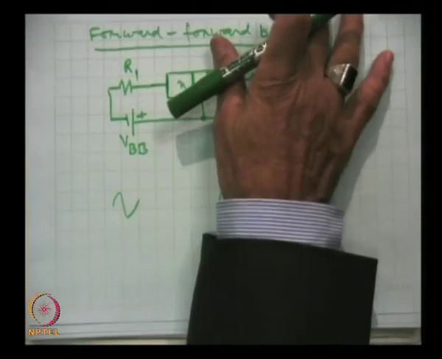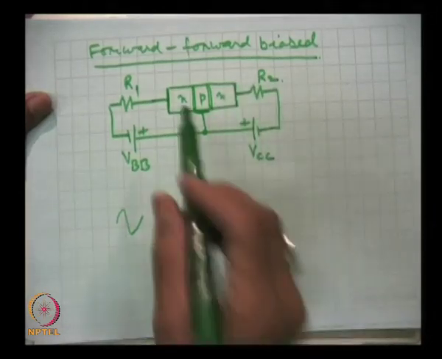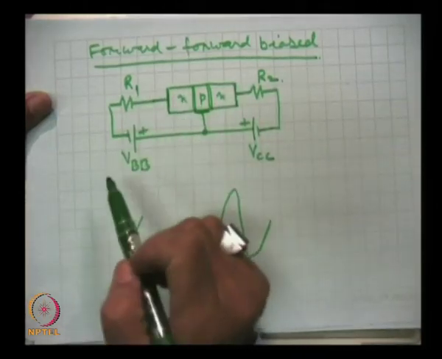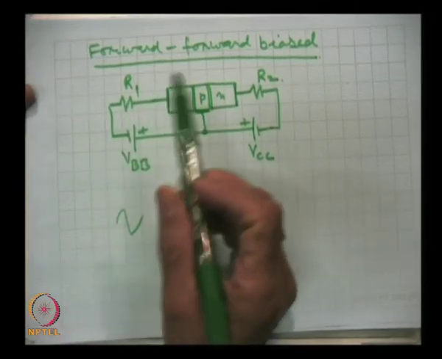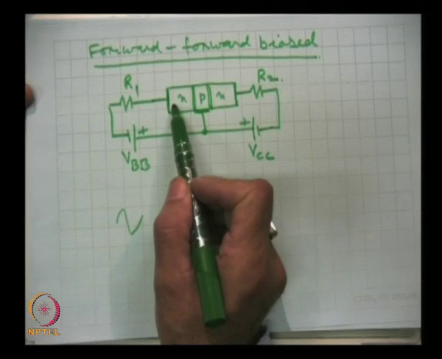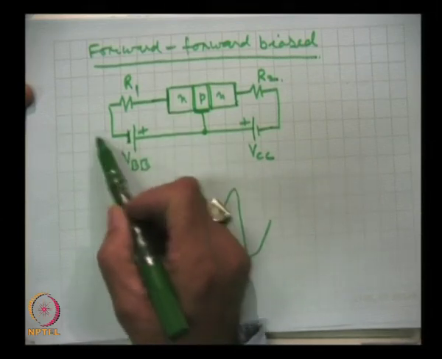In this case of forward bias, for the time being we forget about the collector circuit, and we talk about the emitter. The emitter junction is forward biased. This N type semiconductor is connected to the negative of the battery.